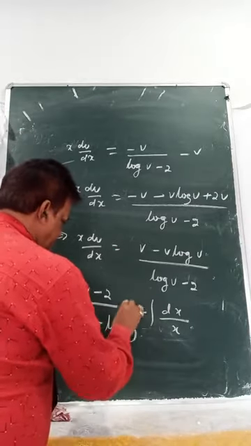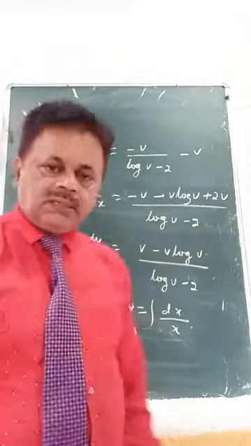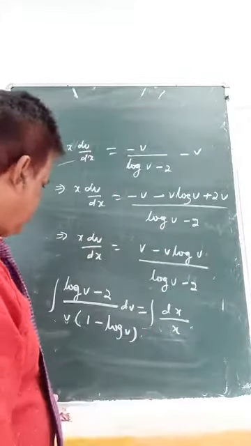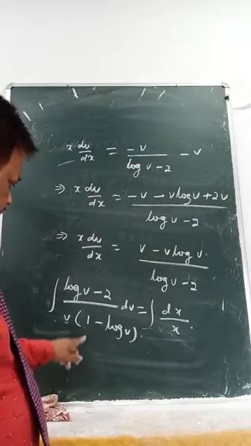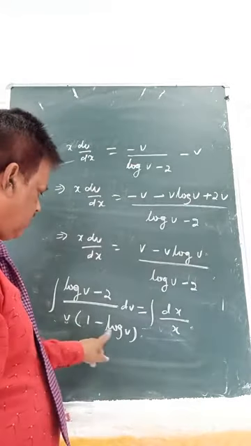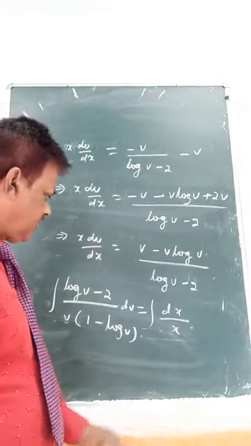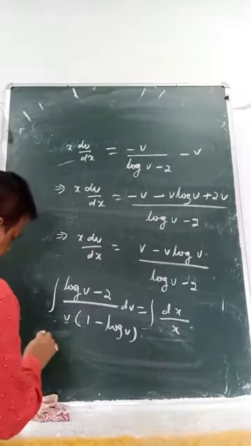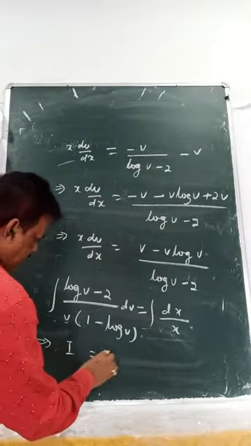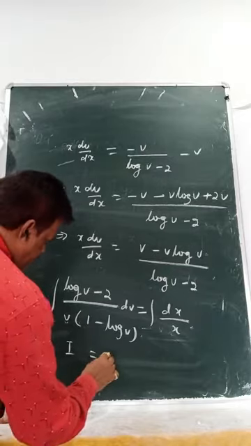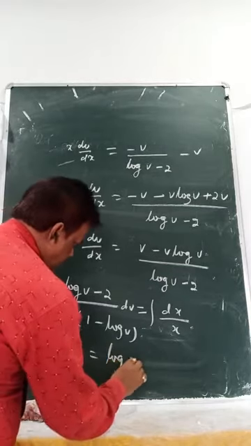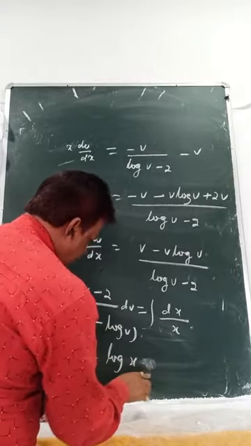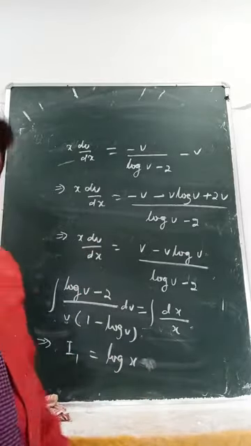Okay. Now your problem is how are you going to integrate this? So what you can do is, if I take 1 minus log v equals t, I think we can get it. So you can write I1 equals log x plus constant, depending upon the situation.